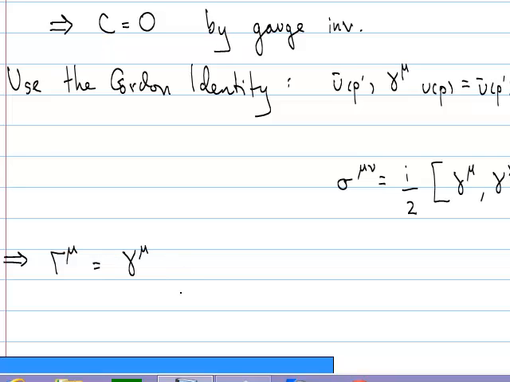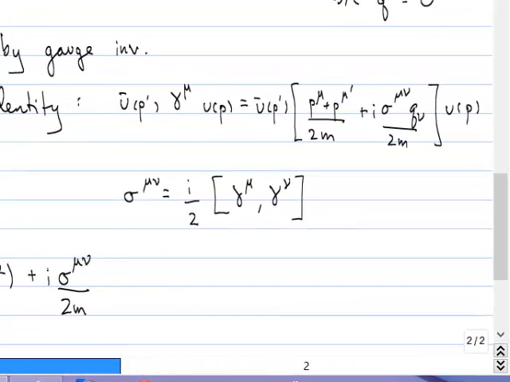So it's the sum of two terms, one of which is proportional to gamma mu, and the other of which is proportional to sigma mu nu over 2m times i times q nu times f2 of q squared, where f1 and f2 are linear combinations of those functions A and B that I wrote down above.